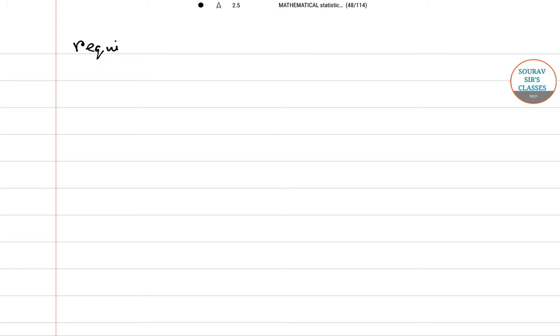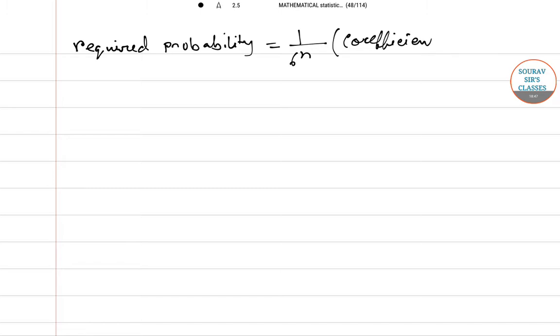So the required probability is equal to 1 by 6 to the power n times the coefficient of x to the power s in (x + x square + ... + x to the power 6) to the power n.